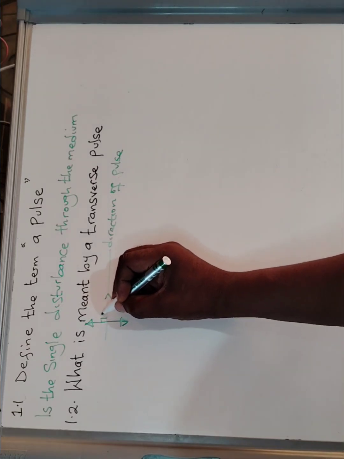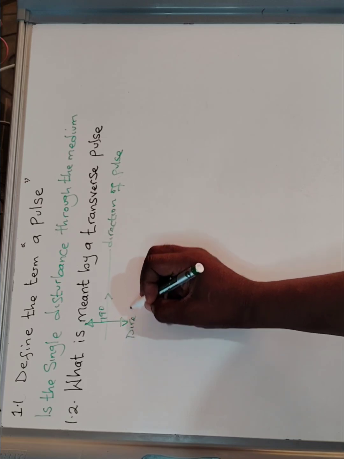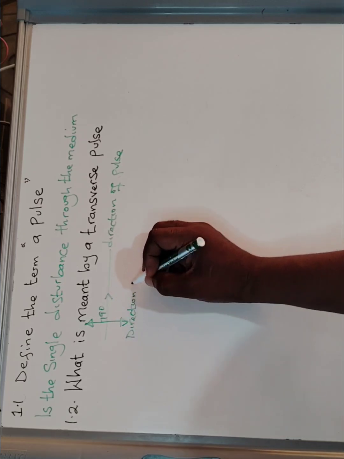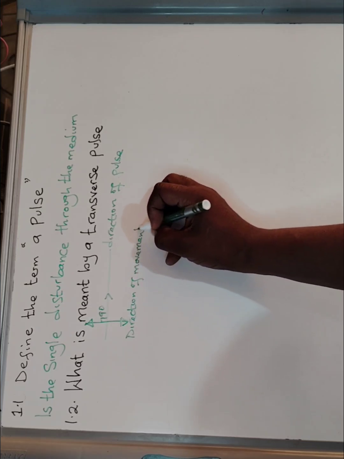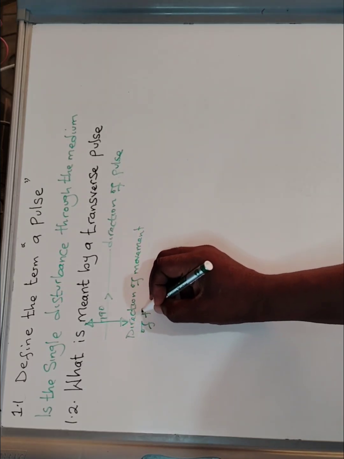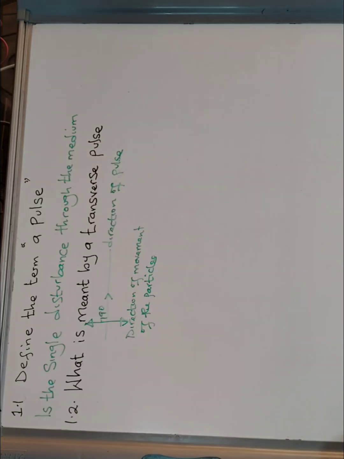Perpendicular means that this angle is 90. So what you see here is the direction of movement of the particles. So if we can observe this, then that is a transverse pulse. I repeat, it is the type of pulse in which the particles of the medium move perpendicular to the direction of the pulse. Let's have that one.